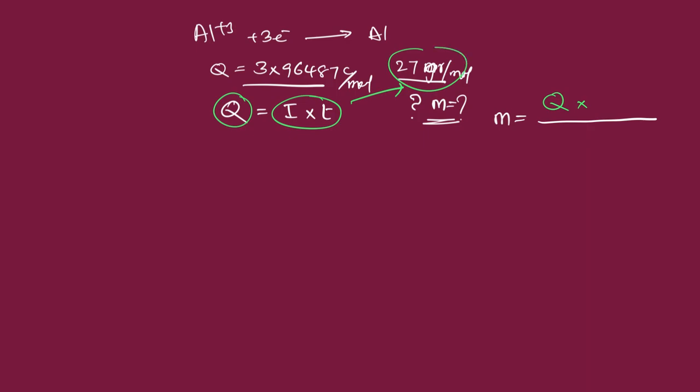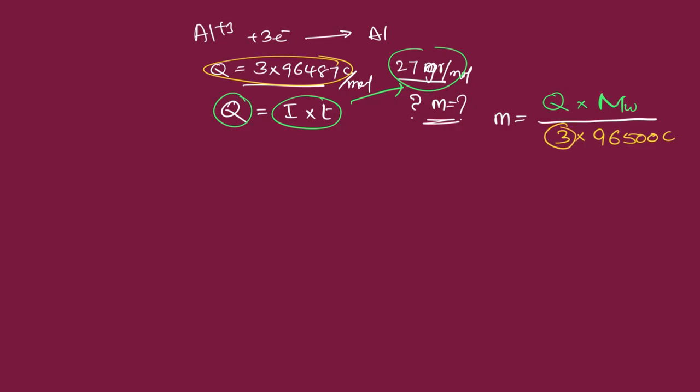Therefore, I will write here the molar mass, the mass of 1 mole, that is called capital M or MW, molar mass or molecular weight, divided by this one. So now 3 into Faraday, its rounded value, we can write here 96,500 coulombs.